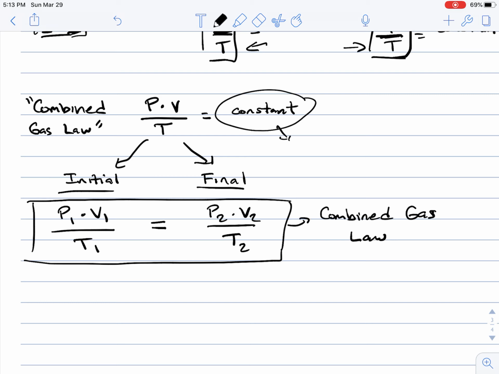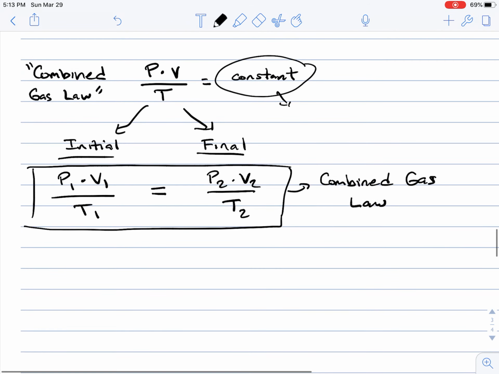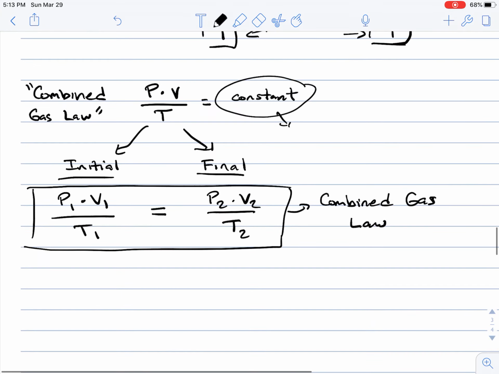And once again, we can use the combined gas law if we're given, for instance, pressure, volume, and temperature for the initial state, and we want to know how changes in either pressure or temperature will affect volume, or any number of combinations that can be thought of. Okay. Cool.